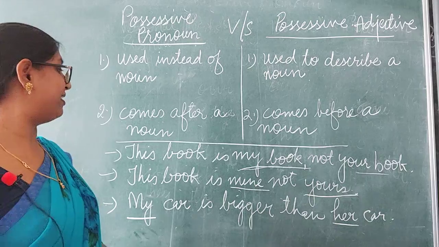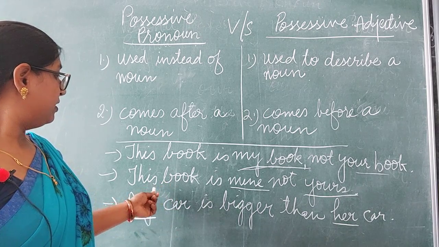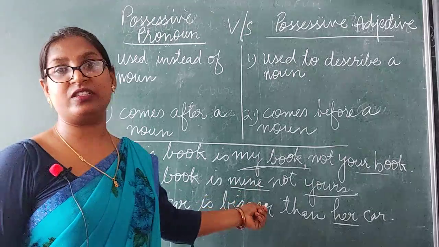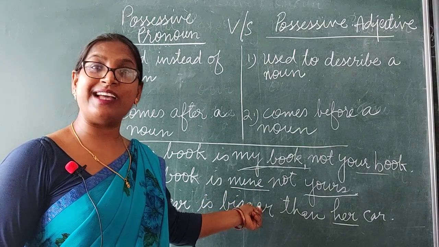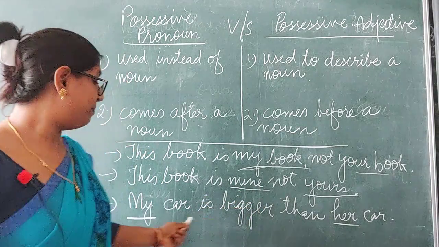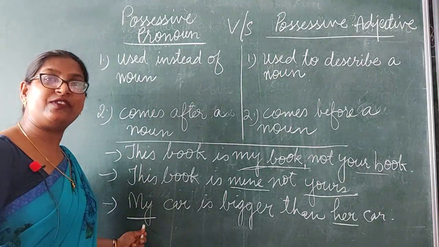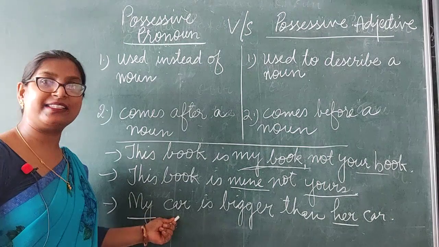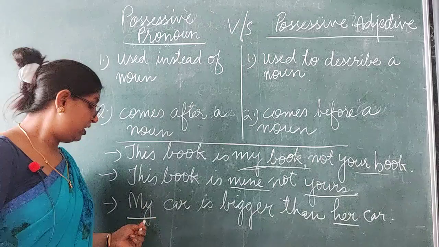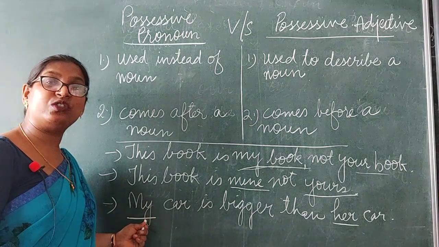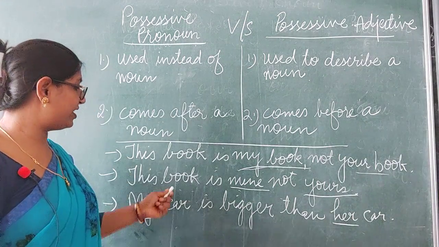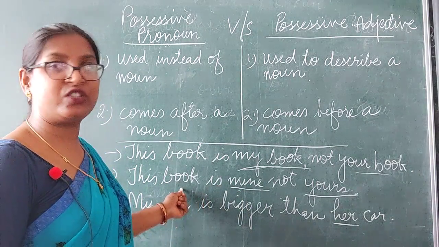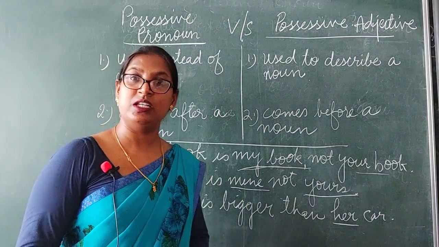Another point to recognize: possessive pronouns come after the noun in a sentence, but possessive adjectives come before the noun in a sentence. Car is a noun. Before the noun we have used the possessive adjective. Here you can see mine is a possessive pronoun which is used after the noun book. Clear?